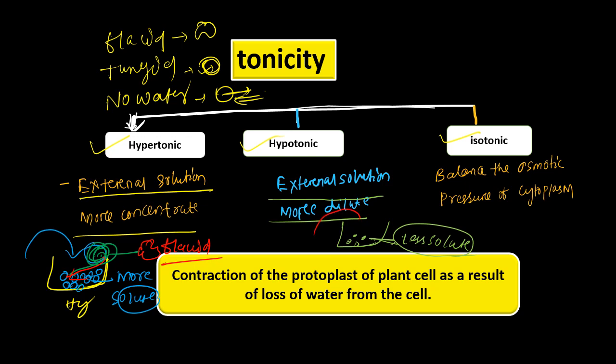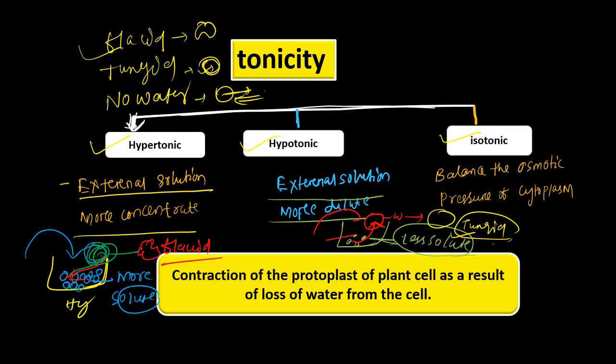If I place a cell here, then what happens? This cell takes in water because the surroundings are high in water and low in solute. It takes water and becomes more turgid. So this condition is called turgid. One is called flaccid and the other is called turgid.